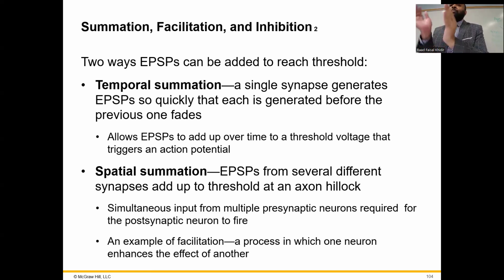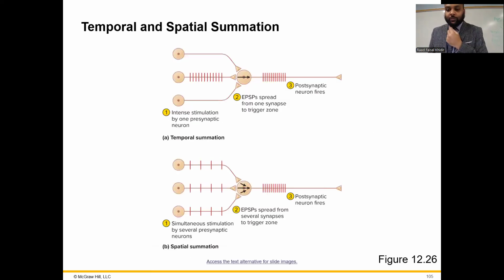Let's all put, I put $5, you put 10, she puts 20, he puts 30, and then that is spatial. So you have different people, different neurons adding up to get us to the minus 55 threshold. But for temporal, it is one that just keeps on adding these different potentials that would sum up to give me my long-awaited threshold to start my action potential. There we go. That's the temporal summation.